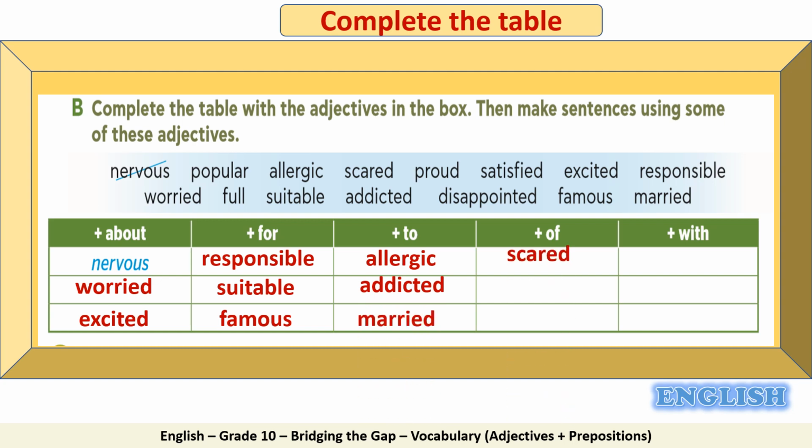With of, we use scared of, proud of, full of. And finally, with with, we use the following adjectives: disappointed with, popular with, and satisfied with. I hope, dear students, you got the correct answers.